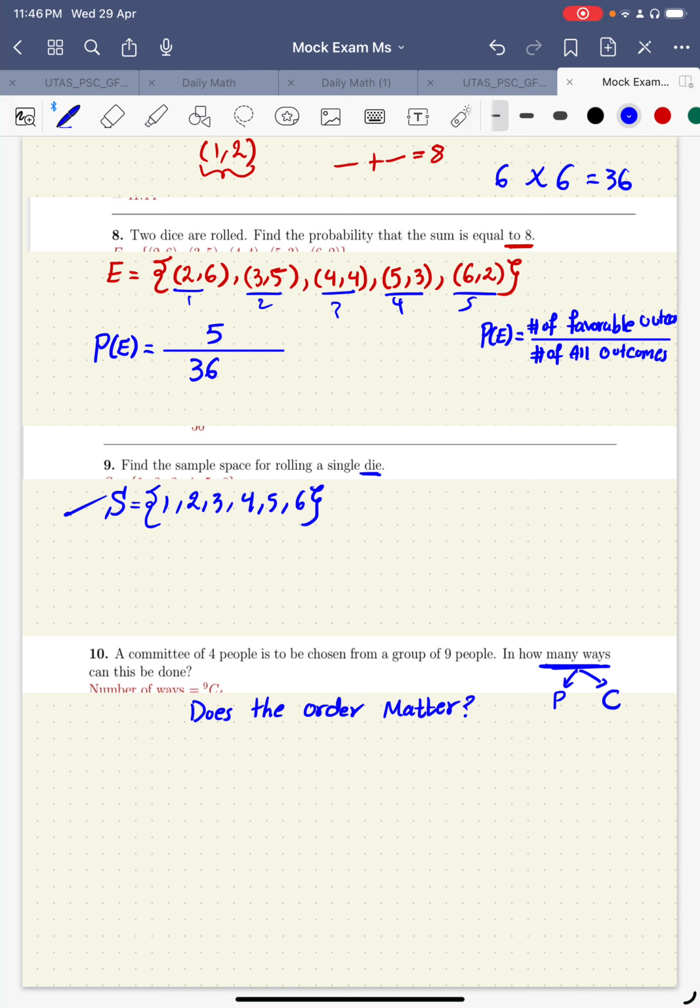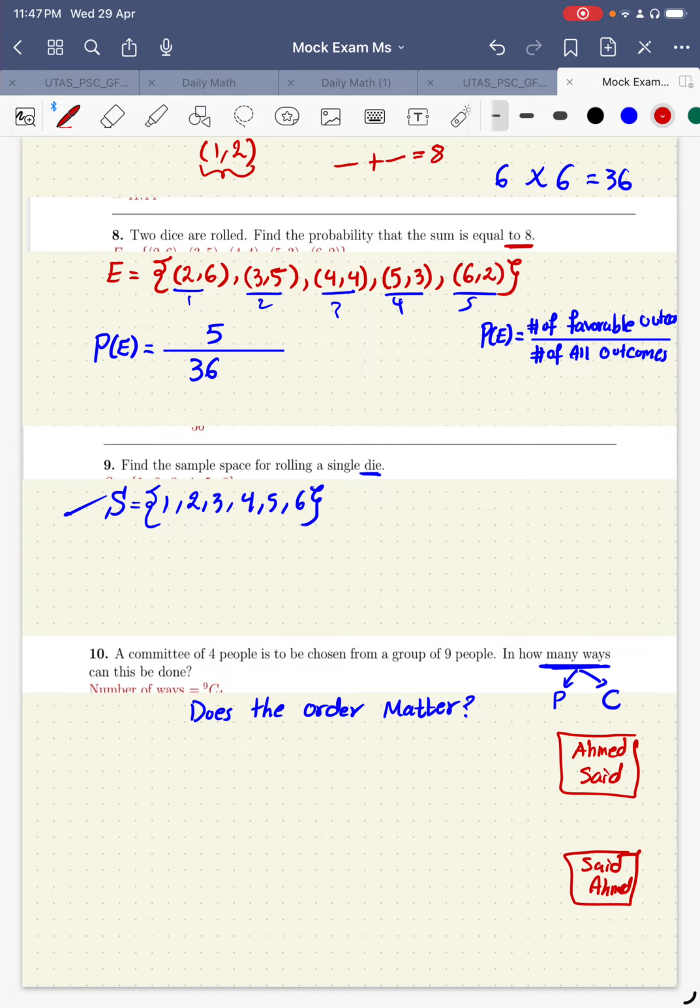هل الترتيب مهم? To answer this question, let me give you a simple example. For example, if I have a committee that consists of Ahmed and Saeed, okay, and I have another committee that consists from Saeed and Ahmed.